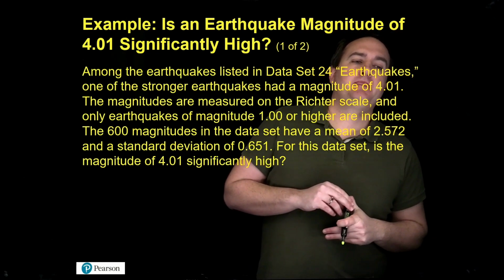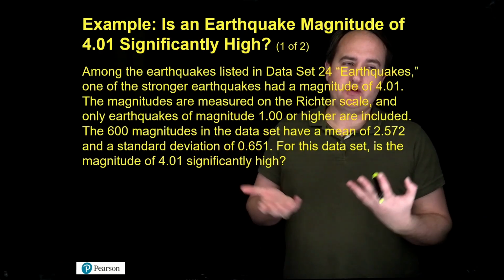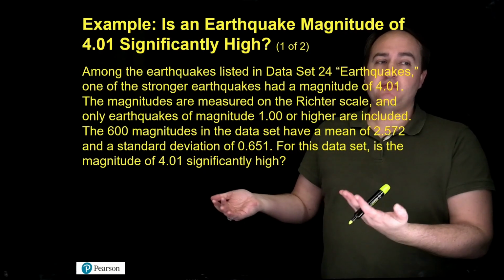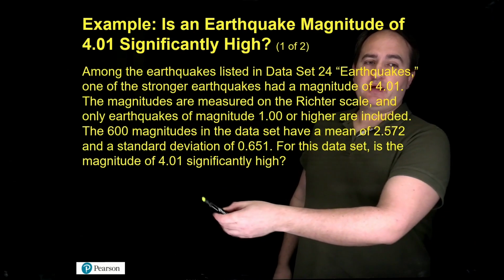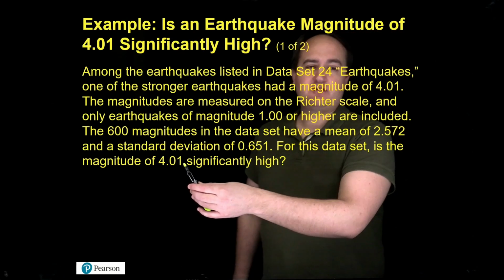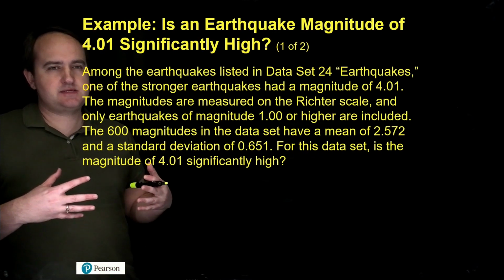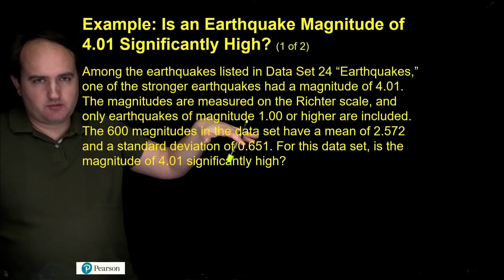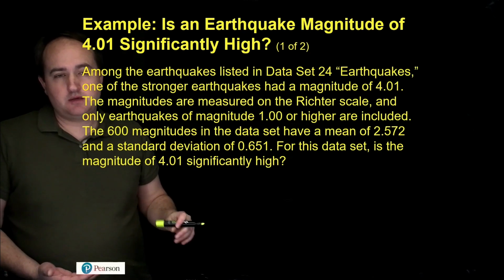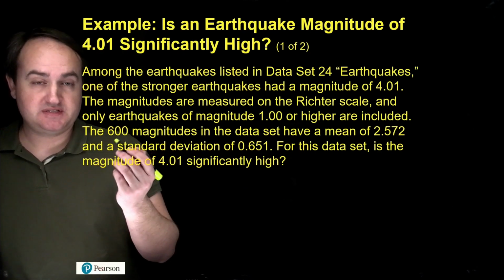As you might have already guessed, what we're going to be doing here is calculating the z-score of this data value of 4.01. Most of this information we don't need, all we really need is the stuff for the z-score formula.